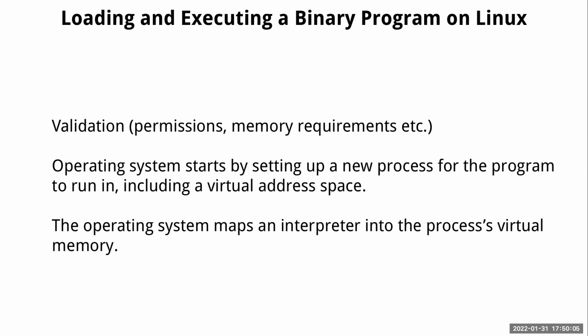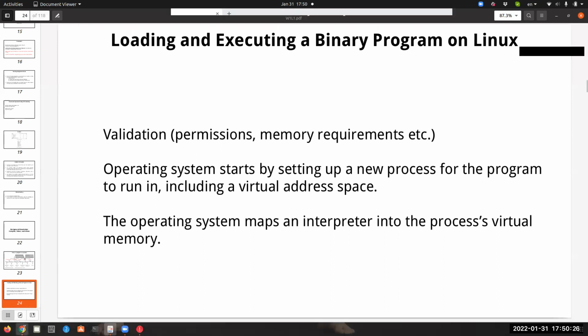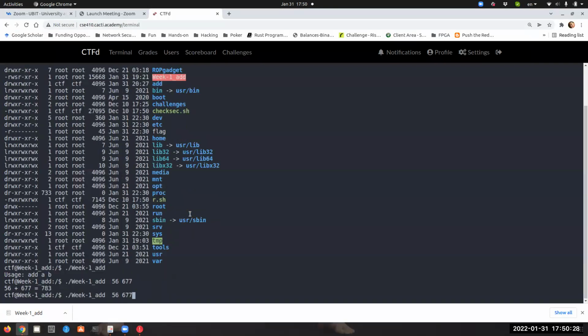It will also copy the command line arguments onto the stack, so the program can access those command line arguments. For example, in the code I showed you, we add two numbers together. Those two numbers are command line arguments. So think about what happens here. When I do this, basically this is your shell program. In the shell, we can create another process, and this is a process I'm going to create from this binary executable.